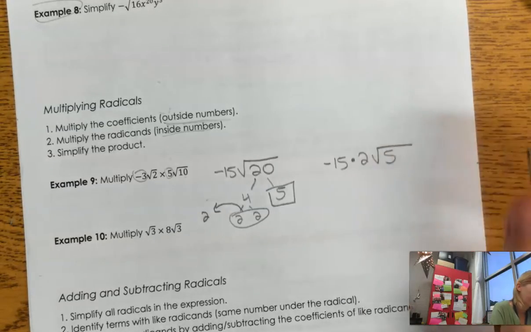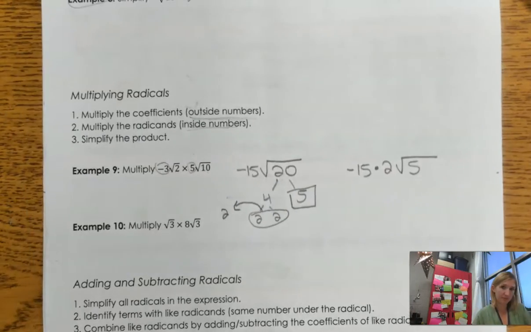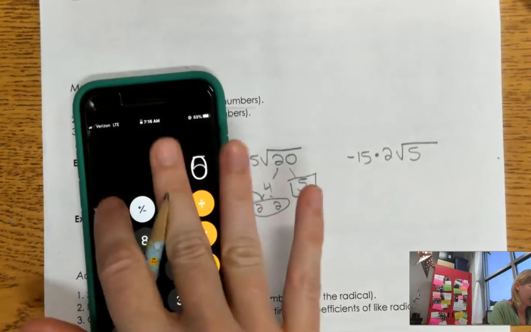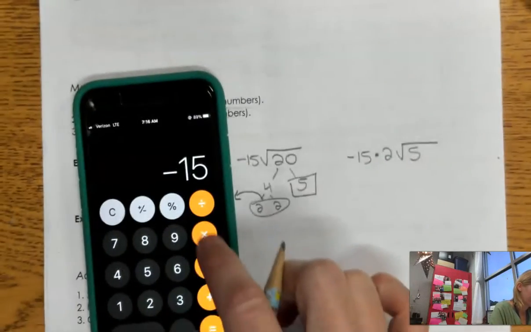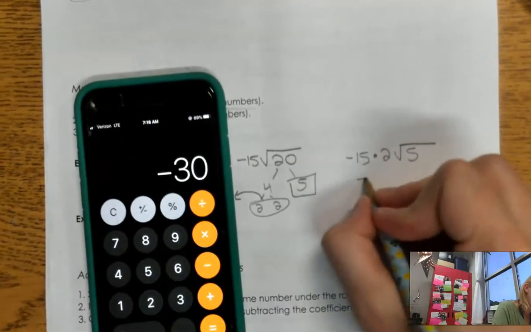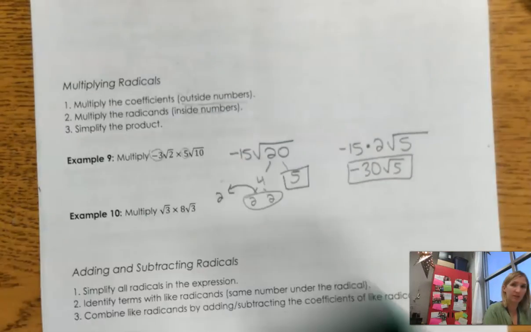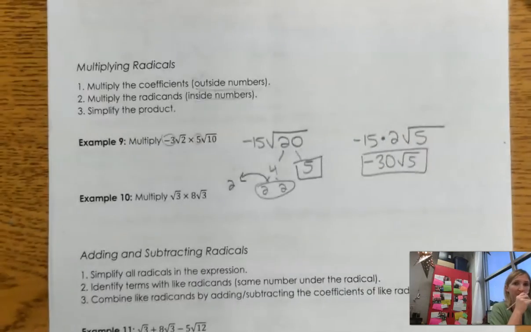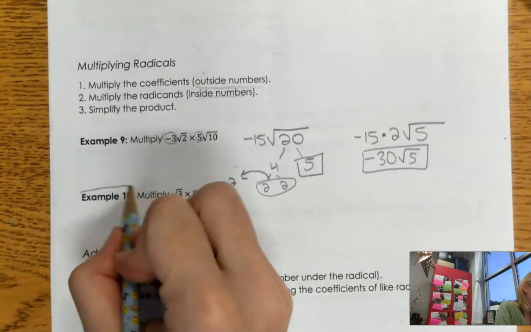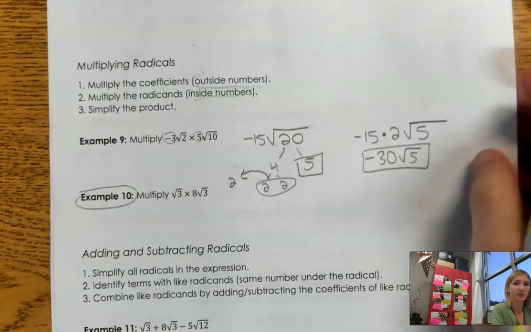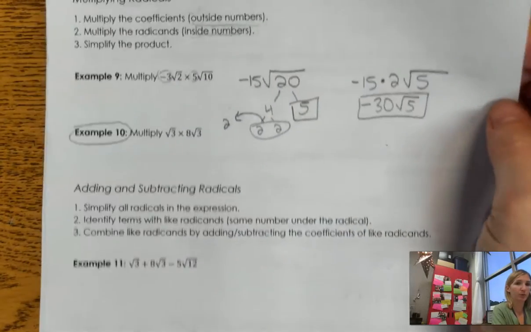And I'm going to leave the 5 on the inside. So the last thing I need to do. It's my final simplified answer. I want you to try example 10 on your own. We'll review it before the quiz.